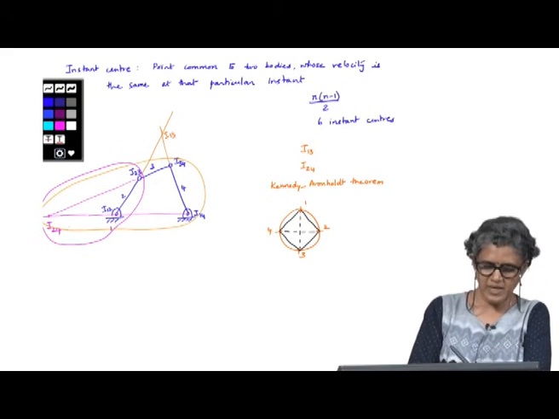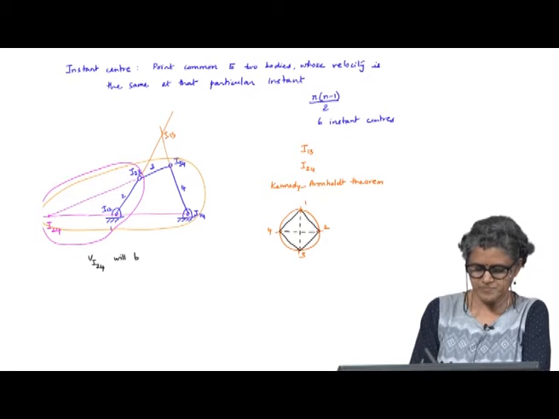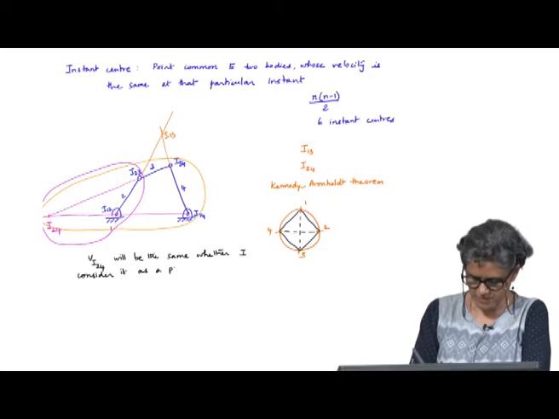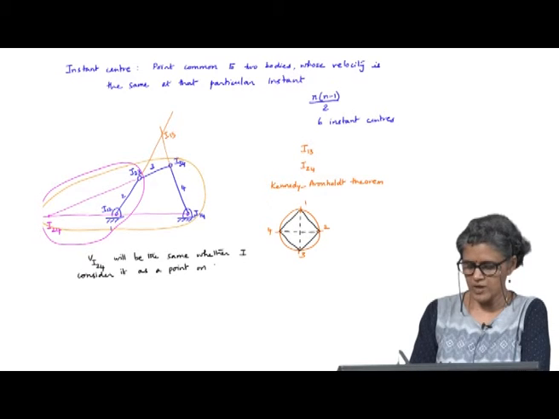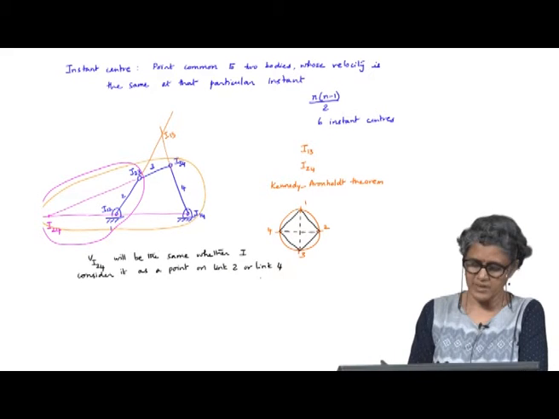I24, because it is the instant center, the velocity of I24 will be the same whether I consider it as a point on link 2 or link 4, right.